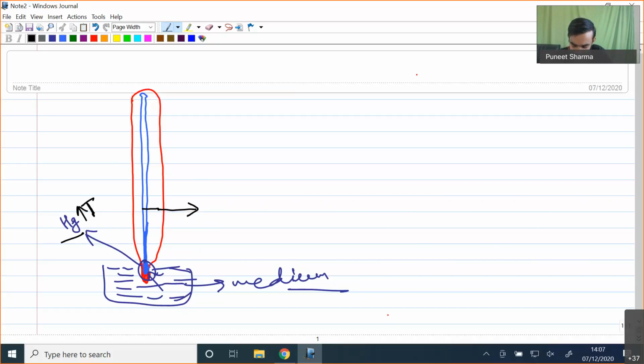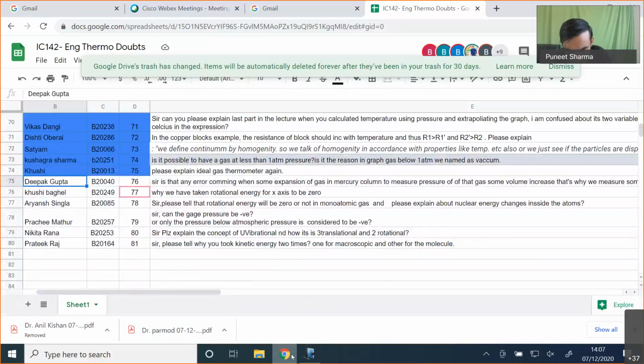Is this point clear? Deepak Gupta asked this question. Is this point clear to all? Yes, sir. Okay.